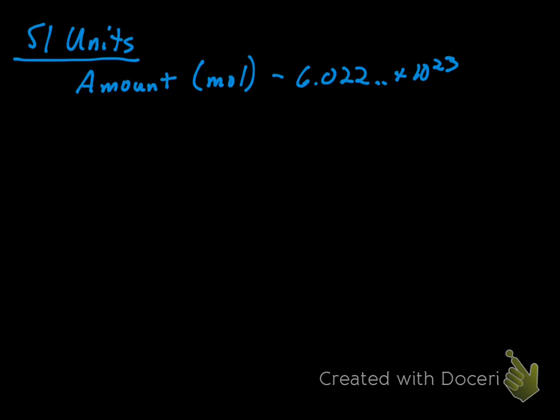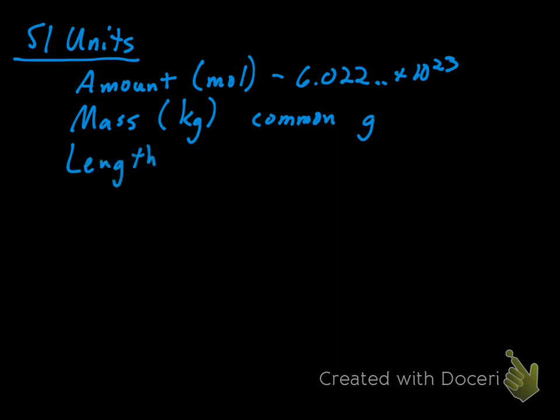We can also measure mass. And here the SI unit is the kilogram, although it's very common to speak in terms of grams. So we can weigh something. We can measure the mass of something. We have length. Here the SI unit is the meter. We have temperature. Here the SI unit is the Kelvin, and Kelvin can never be negative.